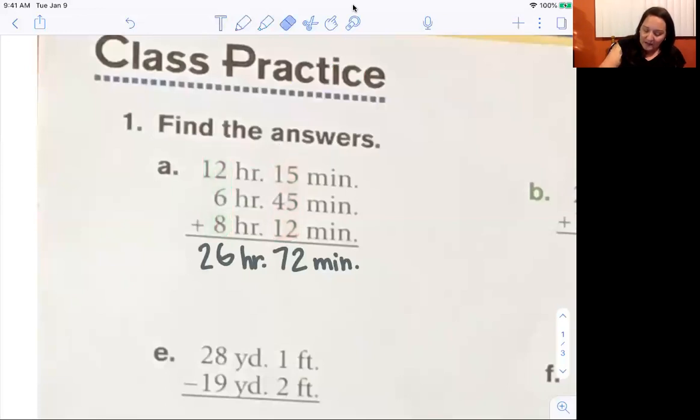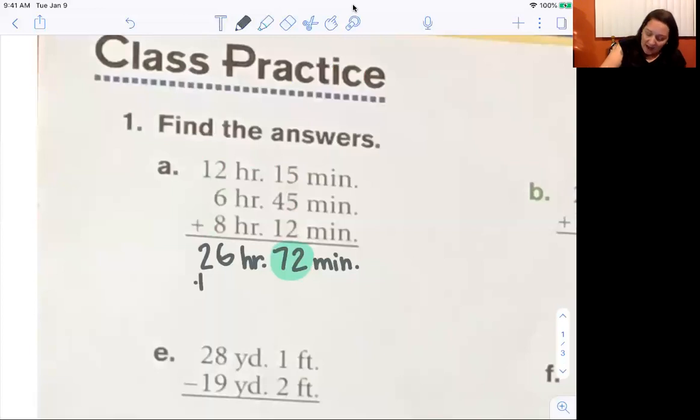I know that there are 60 minutes in an hour, right? How many minutes are in 1 hour? 60 minutes. And how many groups of 60 can we get out of 72? We can get one group of 60 out of 72. So basically what we're doing is trading 60 minutes for 1 hour.